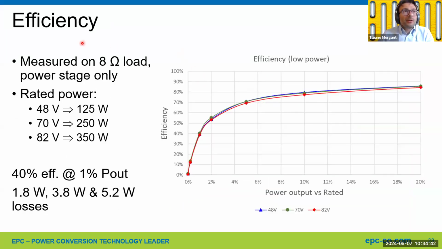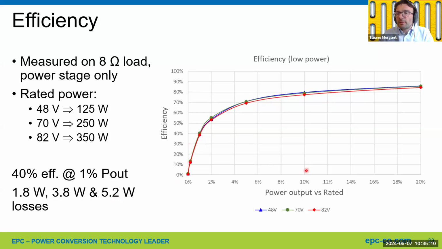In terms of efficiency, we measured efficiency in the low power range. So we have, let's say, confirmed the low idle losses. This is 40% efficiency at 1% power output, which means, let's say at plus minus 82 volts, 5.2 watts of losses.